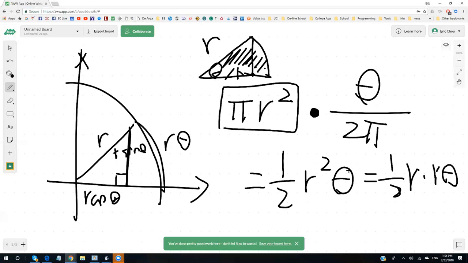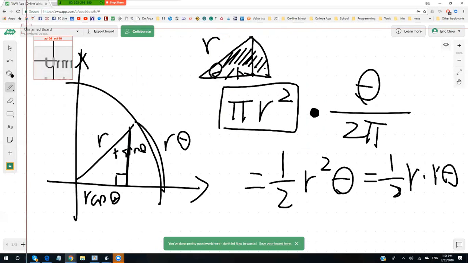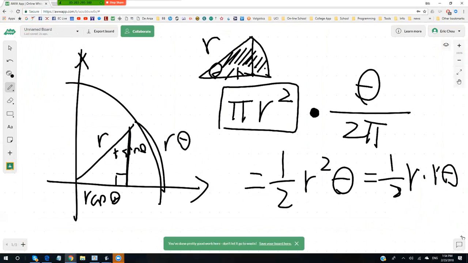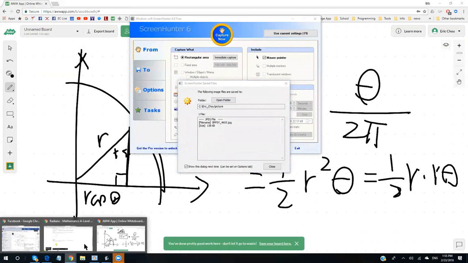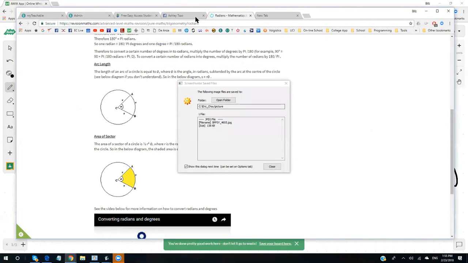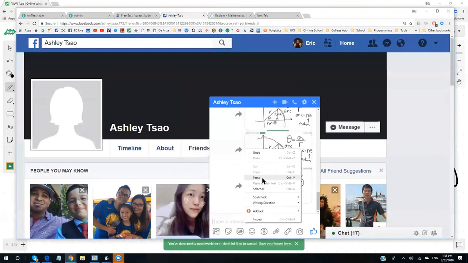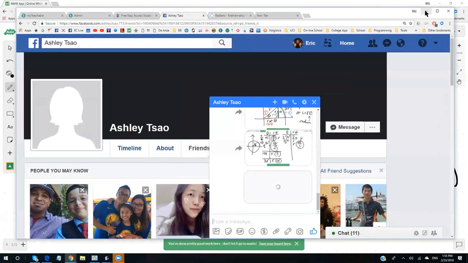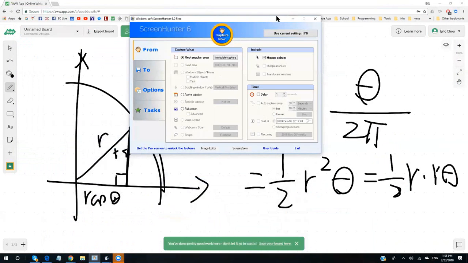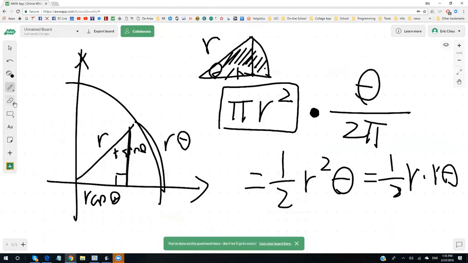Right? Okay, I'll explain this later, but keep this one for now. I will erase part of it, not the whole thing.